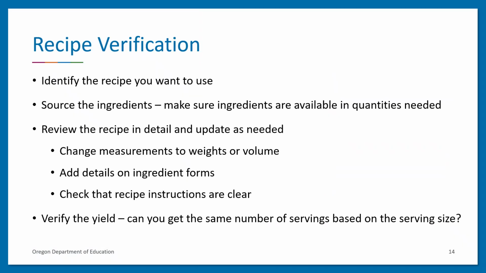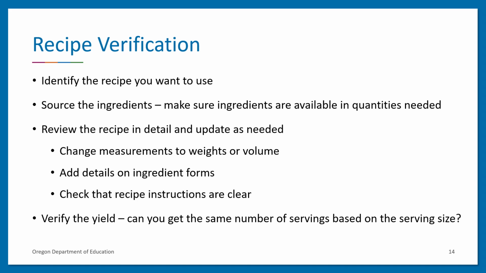The recipe verification step starts with identifying the recipe you want to use. You may have a new recipe that was suggested by your community, or you may have some new food items you want to try. In all cases, you will want to check that the ingredients listed on the recipe are available in the quantities you need and will be available for you to purchase.